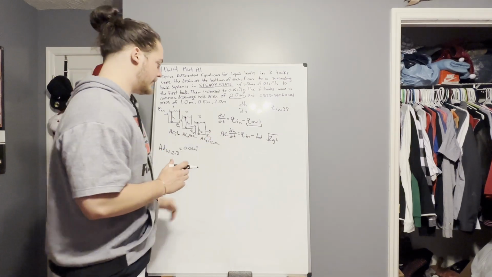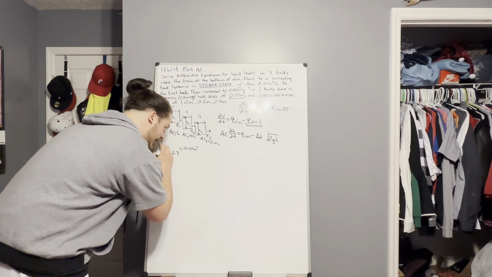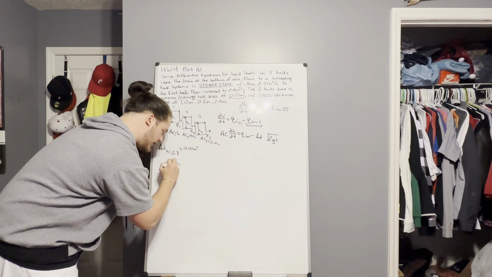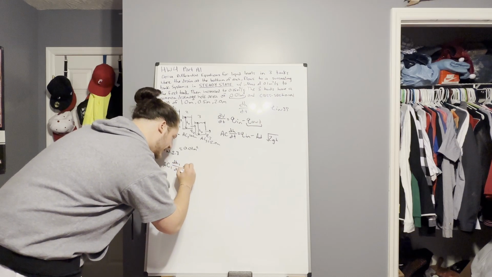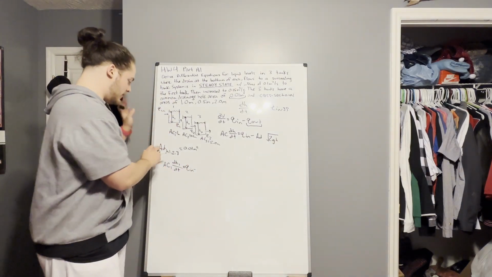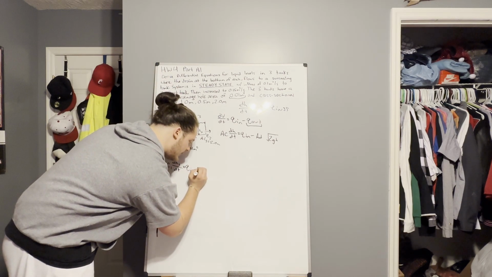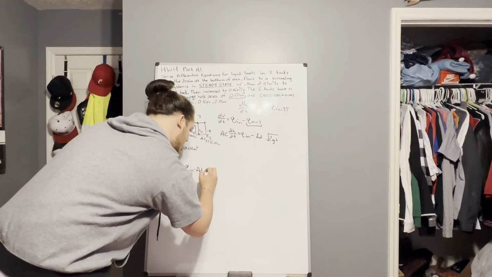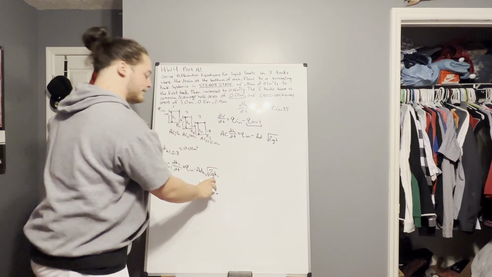Using what we have here, the cross-sectional area of tank 1 times the differential of height 1 over time is going to be equal to our inflow rate, minus our drainage hole area of hole 1 multiplied by our velocity of tank 1.